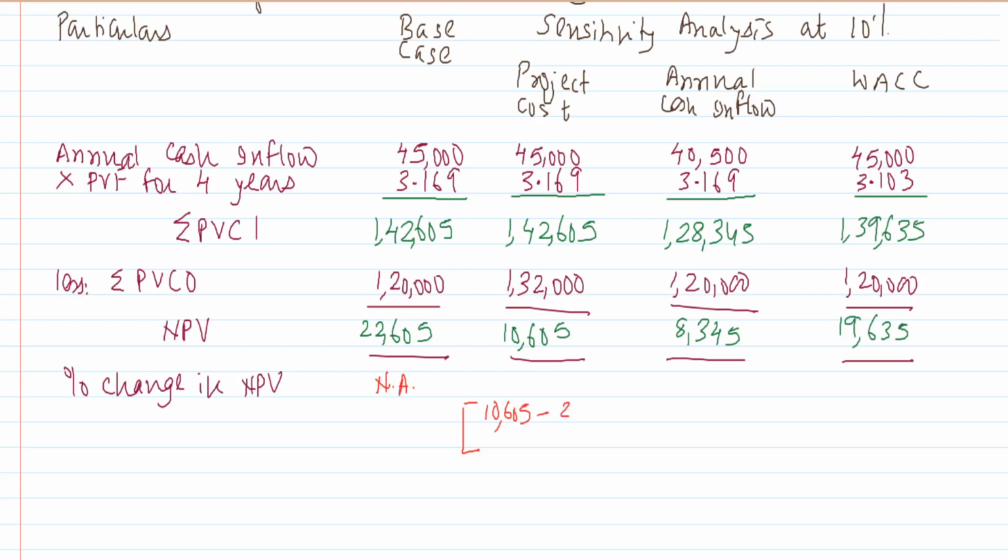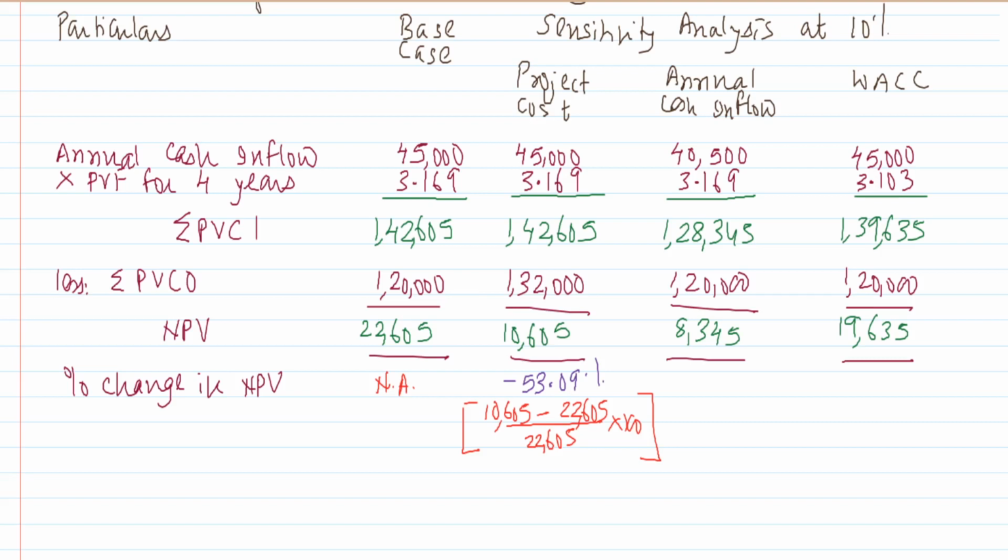We should deduct the old NPV 22,605, divide by the old NPV 22,605, and to put it in percentage, multiply by 100. So 10,605 minus 22,605 divided by 22,605. We want to know the percentage change in the NPV. The percentage change in NPV is minus 53.09%.